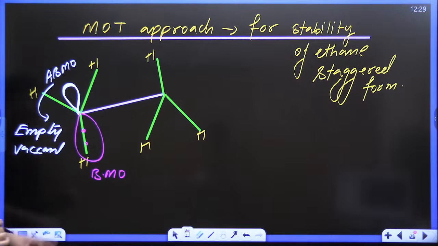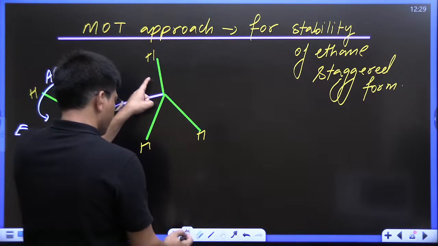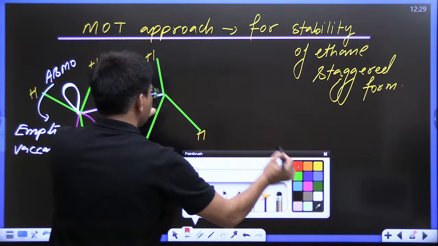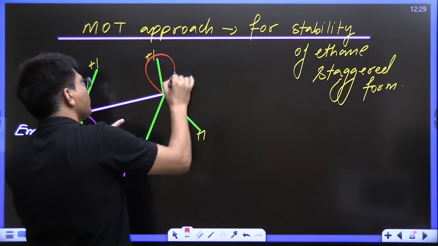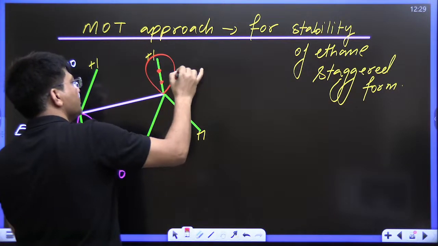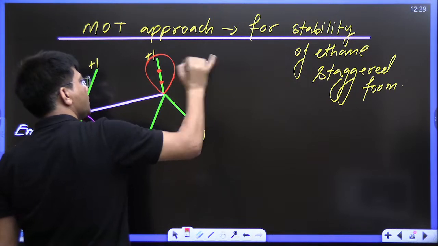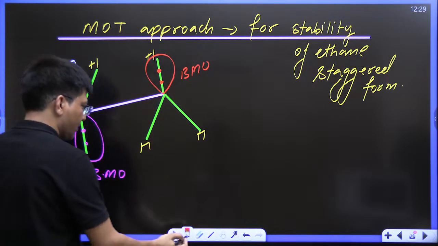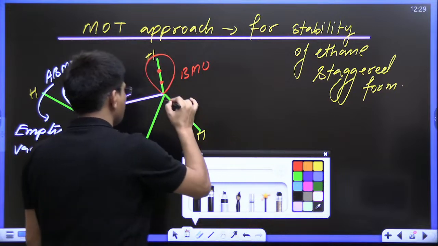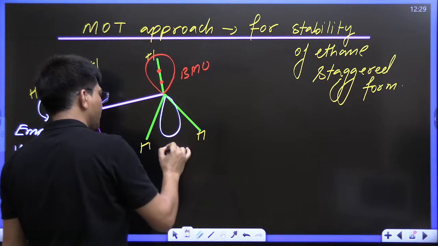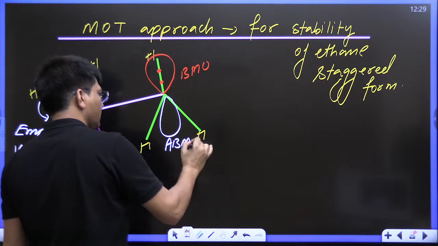Now here this is your BMO. Just try to understand, having electrons, this is the BMO, bonding molecular orbital, and there must be an ABMO that is vacant, this is the ABMO. Now what do you think?